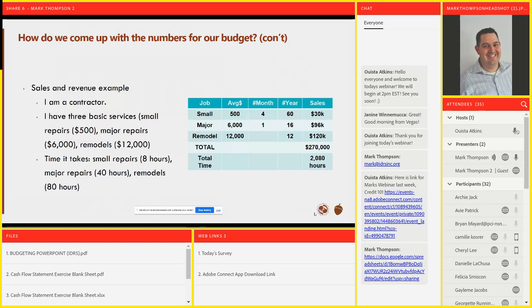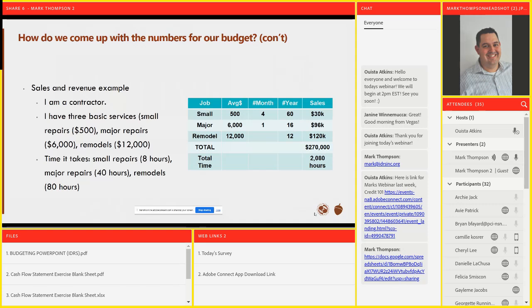So we've taught Indianpreneurship for a number of years, if you guys are familiar with that curriculum. And this is a similar example that we use in that curriculum. Here I am a contractor, right?